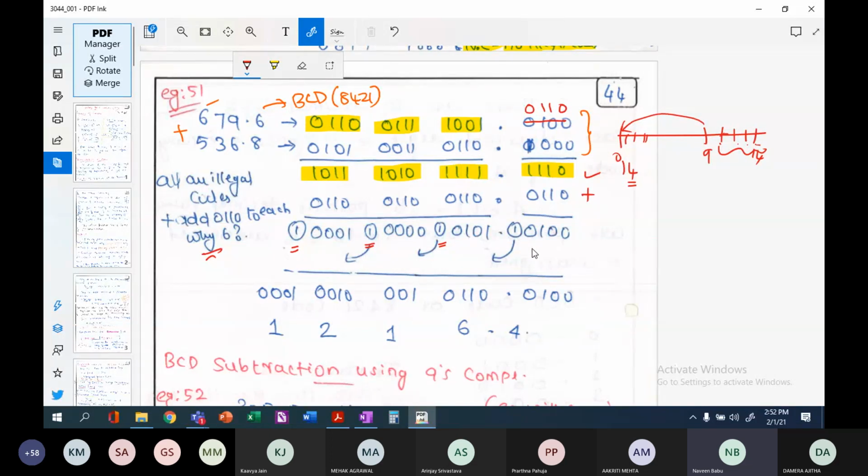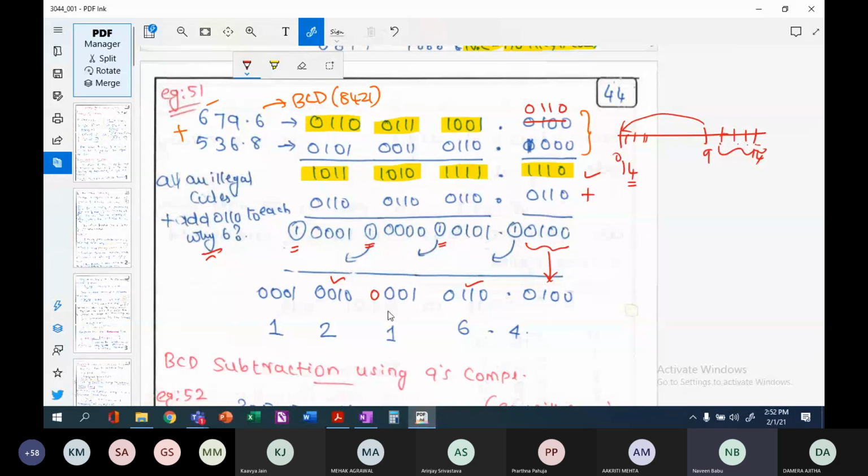So 0100 is copied down, and then 0101, you add 1 to it, so it will be 0110. 0000, you add 1, it will be 0001. 0001, you add 1, 0010. Likewise, and then your carry bit is 0001.